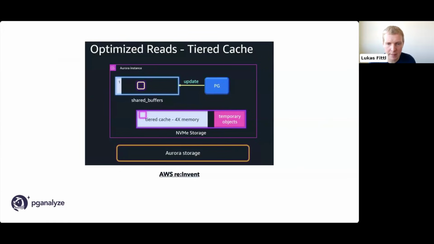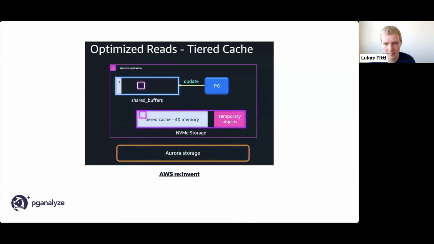Now in the middle sits this NVMe storage. The NVMe storage acts as a mechanism: if something is not in the Postgres shared buffer cache, then instead of fetching it from the storage, it can be cached in this local NVMe storage. And Aurora makes sure that cache invalidation happens correctly, right? Because that's the hard part, you don't want this local cache to grow stale.